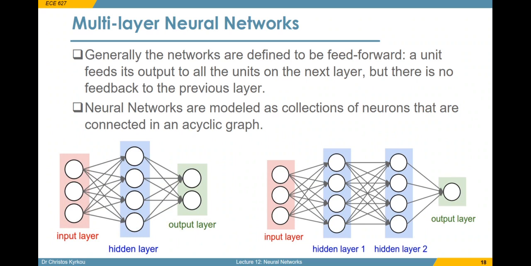We can have more than one hidden layer, and we will see what the impact is of having multiple layers. Also notice that at this point, we only have connections going from one level to the next level, and not going back to the previous layer.